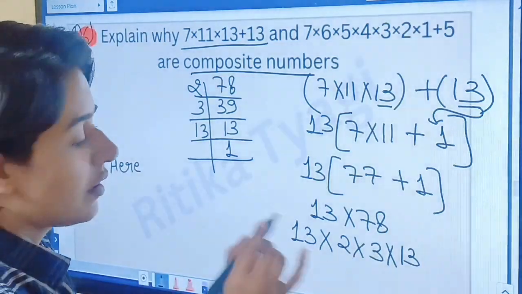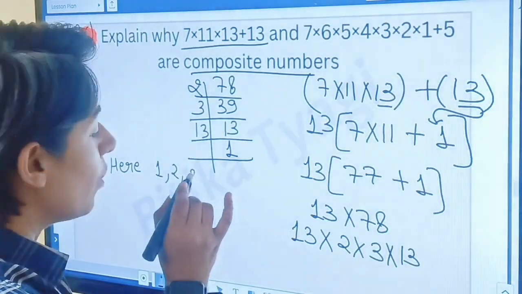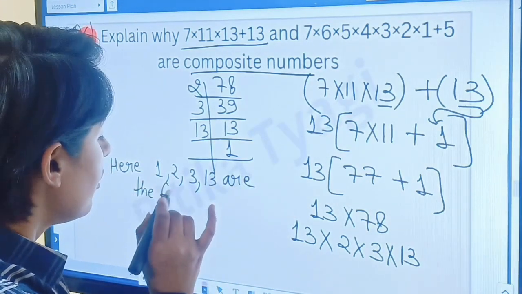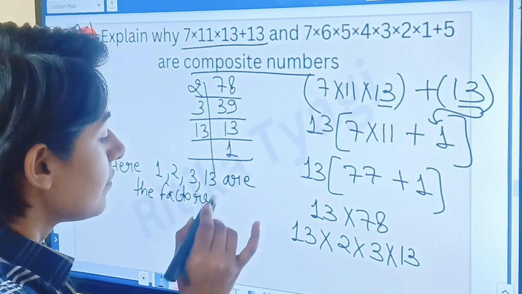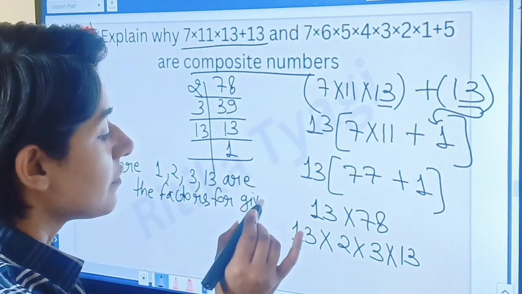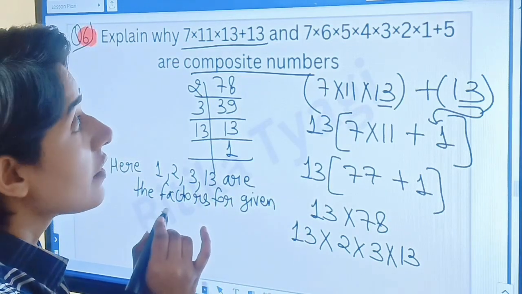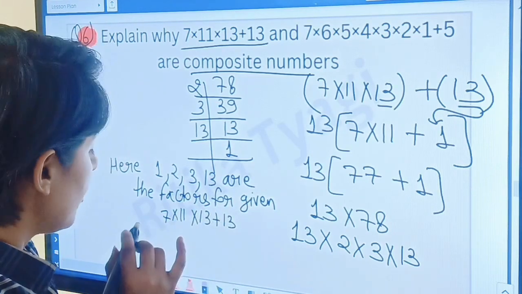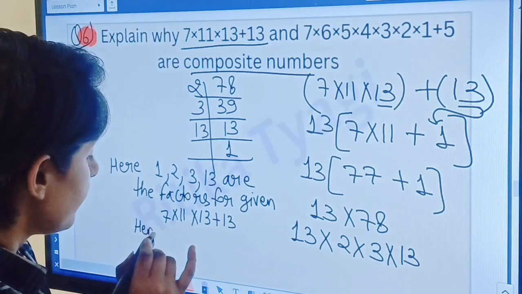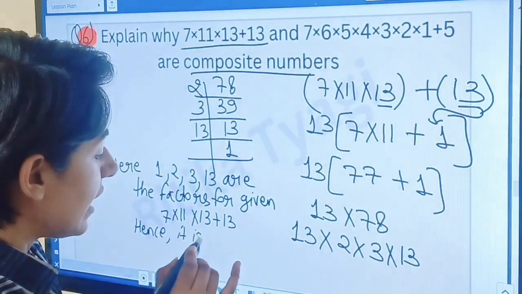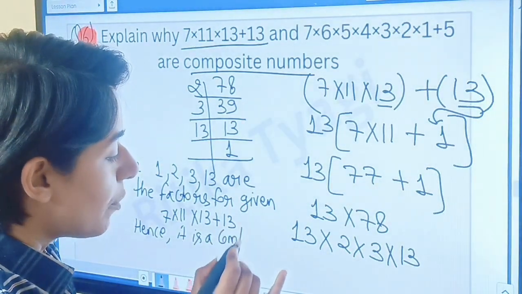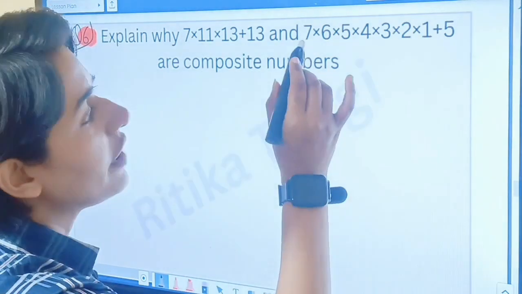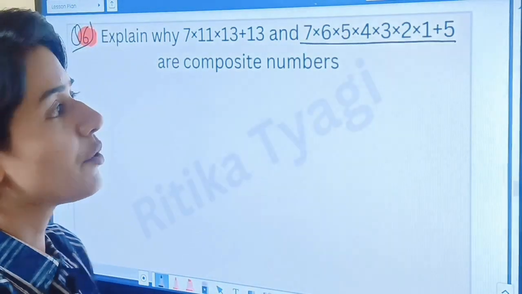Here 1, 2, 3, 13 are the factors for the given 7 multiply 11 multiply 13 plus 13. Hence it is a composite number. Now we have to prove this number is a composite number.